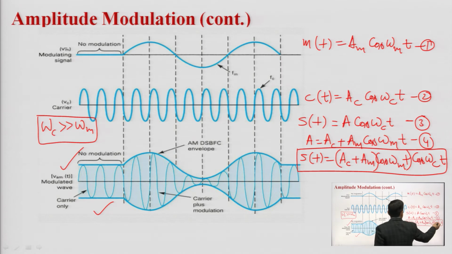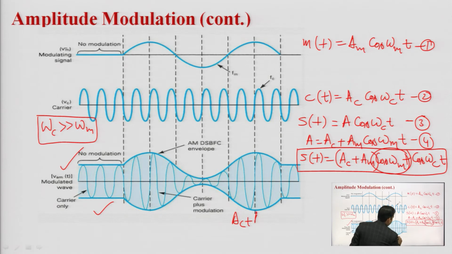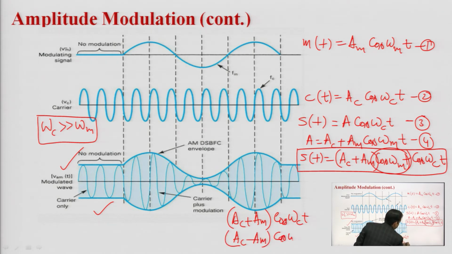Similarly, cos omega c t can again be +1 or -1. When this factor is +1, we achieve Ac plus Am cos omega c t, and when this factor is negative, we have Ac minus Am cos omega c t. Depending upon the value of cos omega c t, it is either positive or negative.